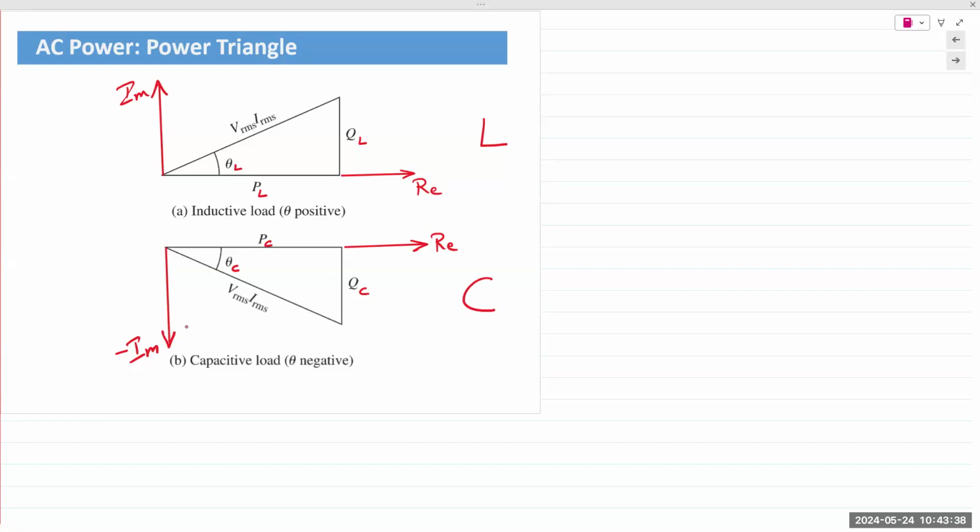This is for the capacitor. P and Q form the two sides of a right angled triangle, and the angle it makes due to the length of Q gives you the power angle theta. For an inductor, of course, the power angle is positive. For a capacitor, it's negative; it goes in the clockwise direction.